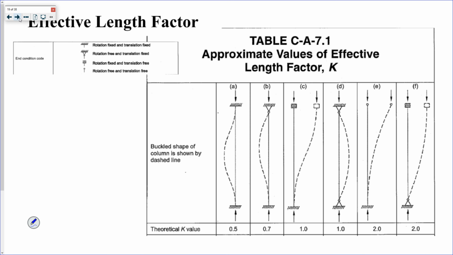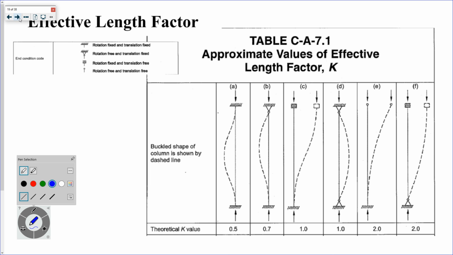So what they did was they measured effective lengths for a few different end conditions. This first one, A, is fixed: rotation fixed, translation fixed.